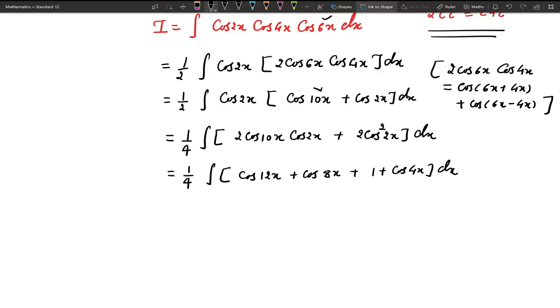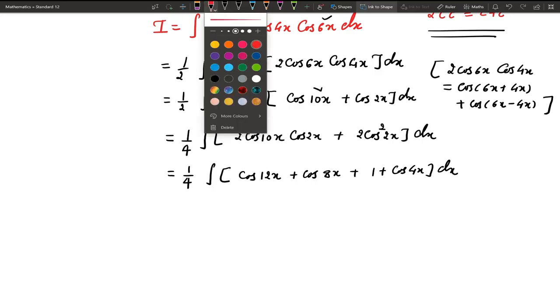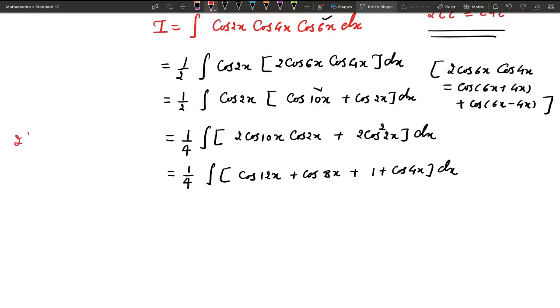Here we have used the result 2 cos square theta equals 1 plus cos 2 theta. The angle is double, so here 2x becomes 2 times 2x, that is 4x.